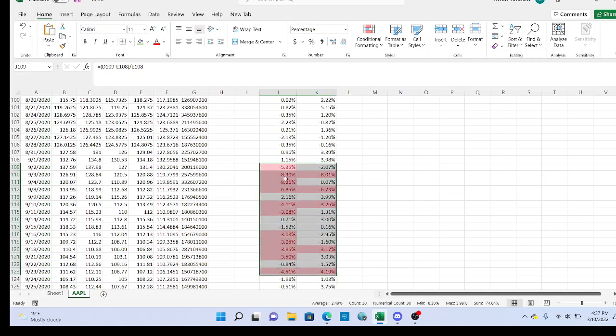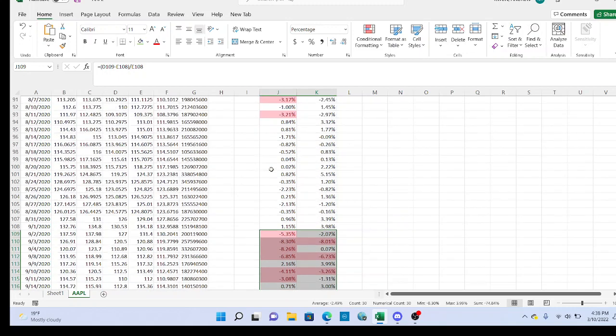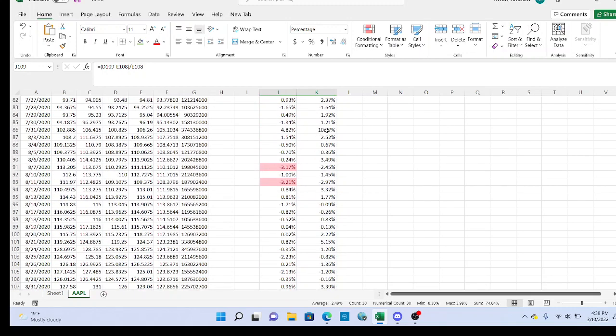Now, let me just put this into context. This period right here was when Apple did a stock split, and when basically Tesla and Apple both did the stock split, and it actually caused a pretty crazy correction in the markets just because everything rallied so hard. So I think that was this right here when they announced that stock split.